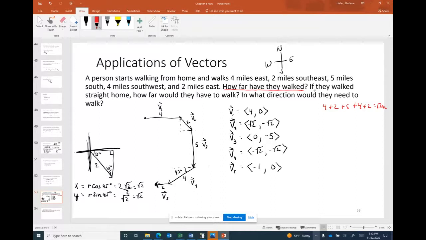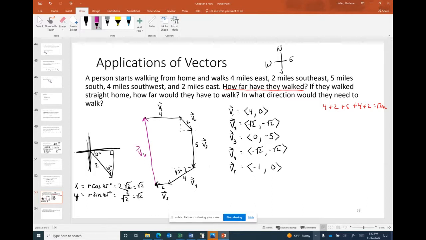Now the next question says, if they walked straight home, how far would they have to walk? So if they walked straight home, let's do that one in, say, purple. They'd be going like this, right? I may not have drawn that exactly right to scale, but it's something like that. Call this vector 6.